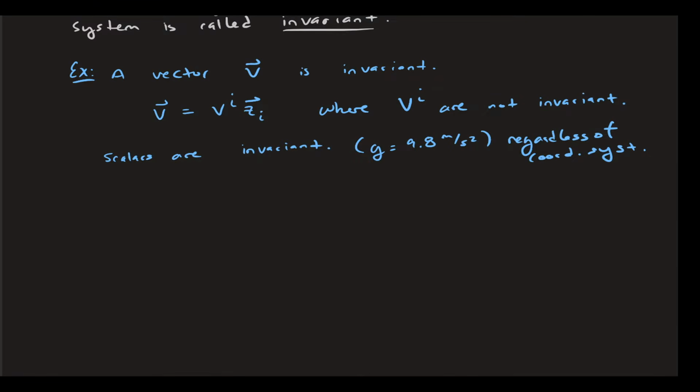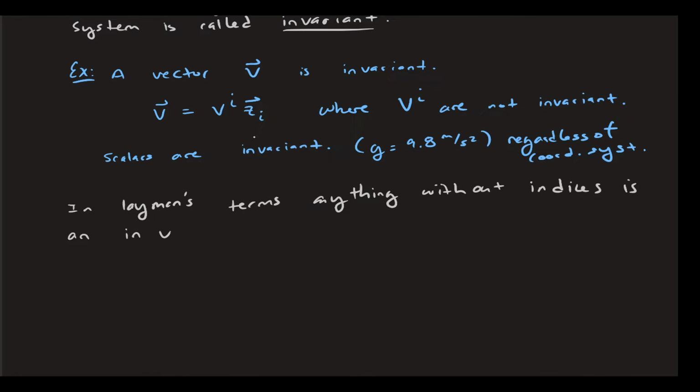So in layman's terms, anything without indices is an invariant. It's just something that does not depend on the coordinate system.